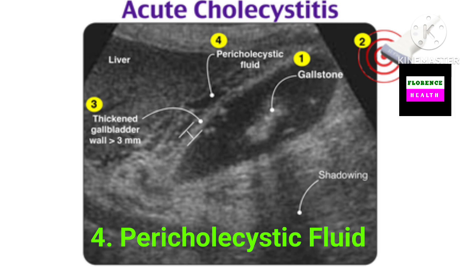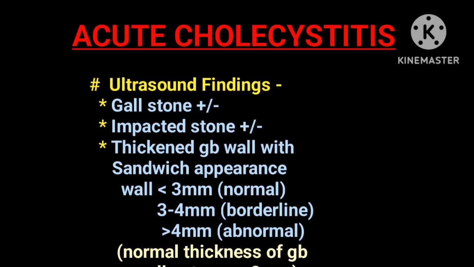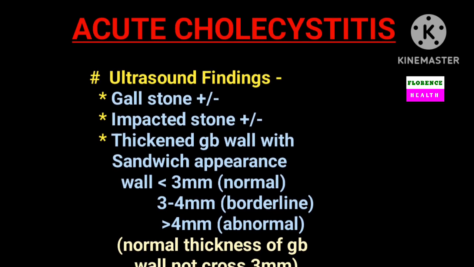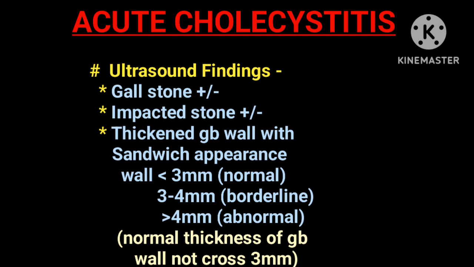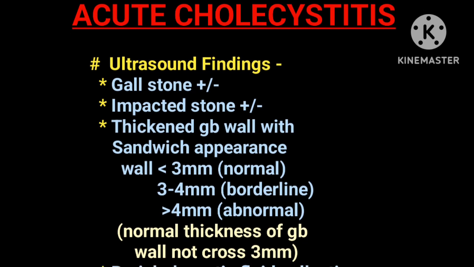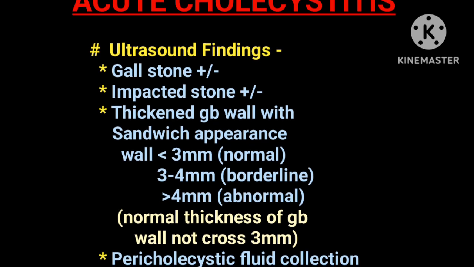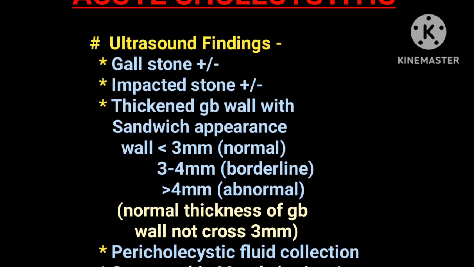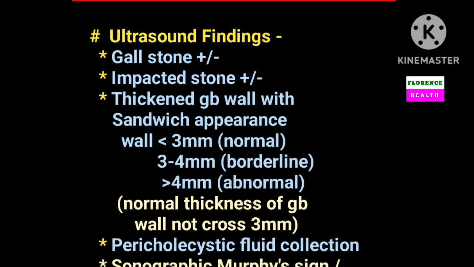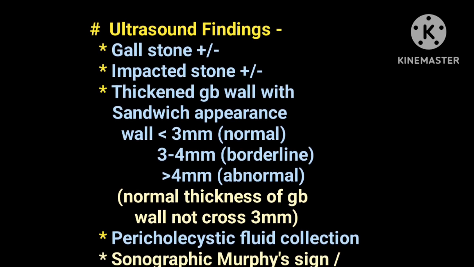Let's discuss the ultrasound findings in detail. First, gallstone. As I have already discussed, 95% of acute cholecystitis is associated with gallstone. That's why when you are recognizing acute cholecystitis on ultrasound, you should search for gallstone inside it.